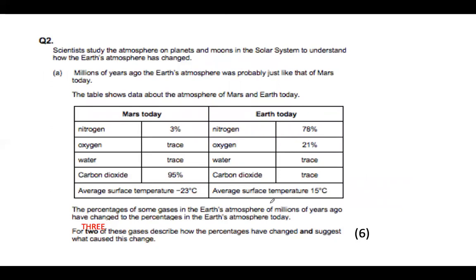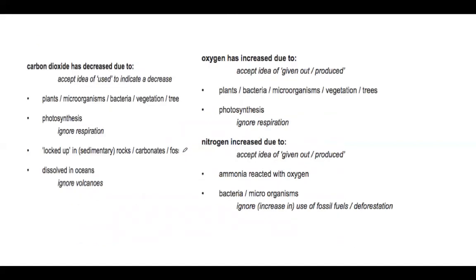We're just going to finish today's lesson with the question. I changed it for not 2 of the gases, but 3. So pause the video and write down your response. And then here's the mark scheme.